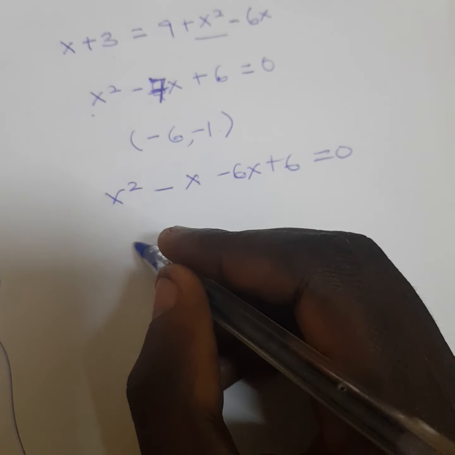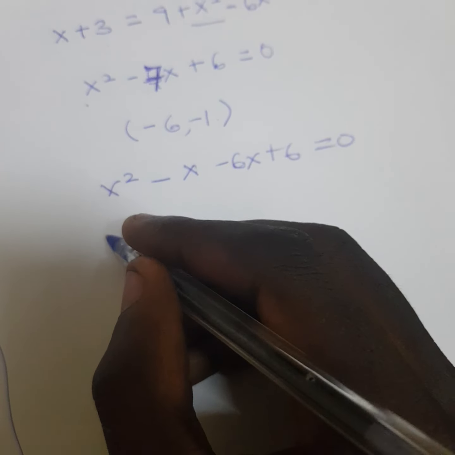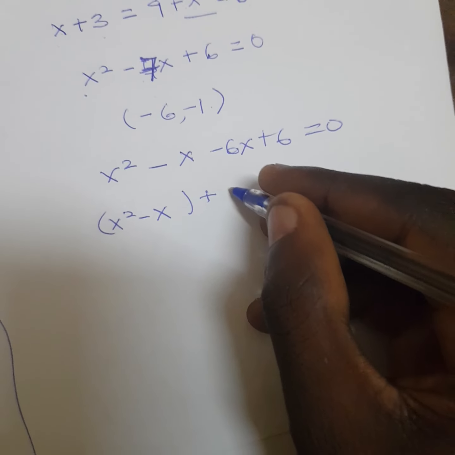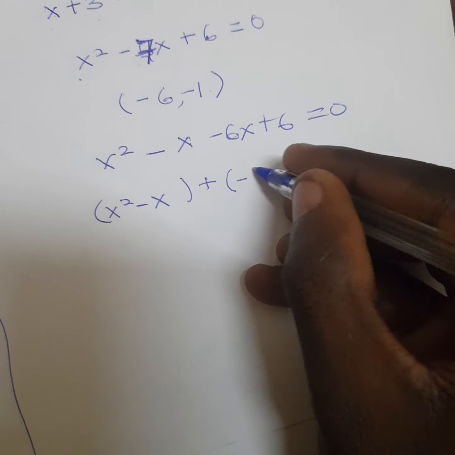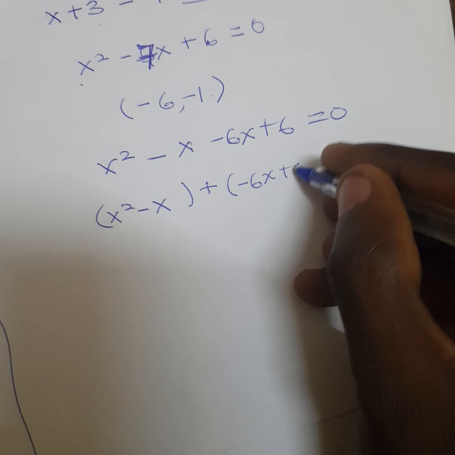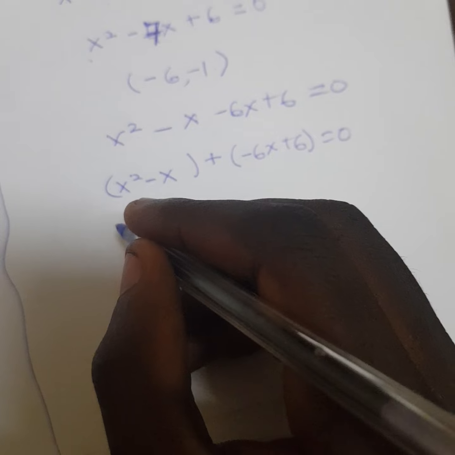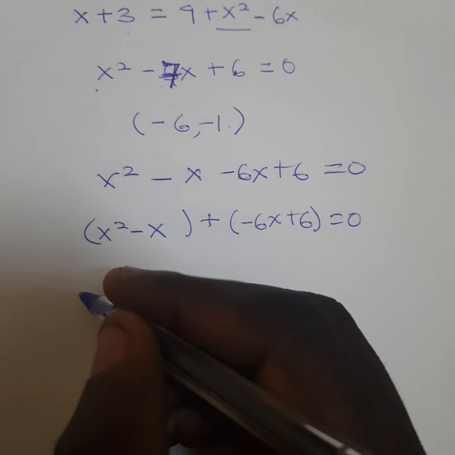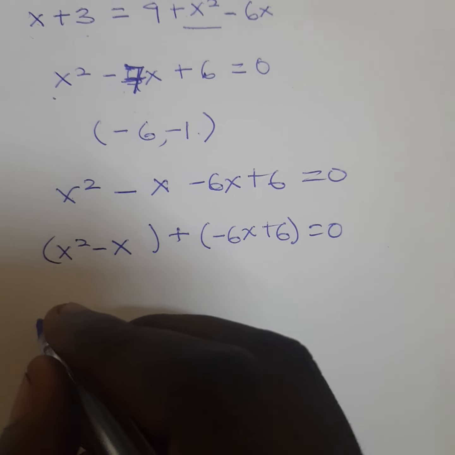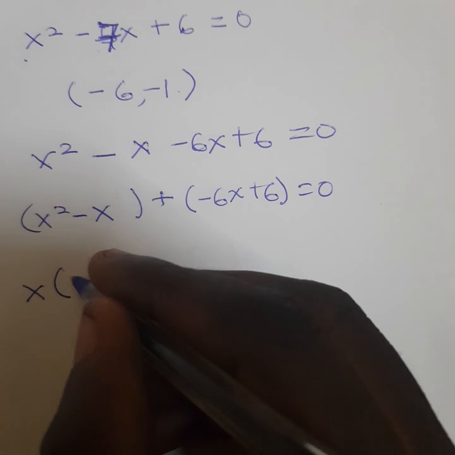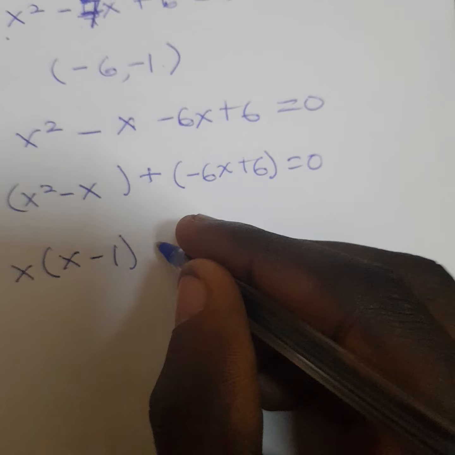Now we can rewrite this as x squared minus x minus 6x plus 6 equal to 0. Factorizing this, you are going to get x out, x minus 1.